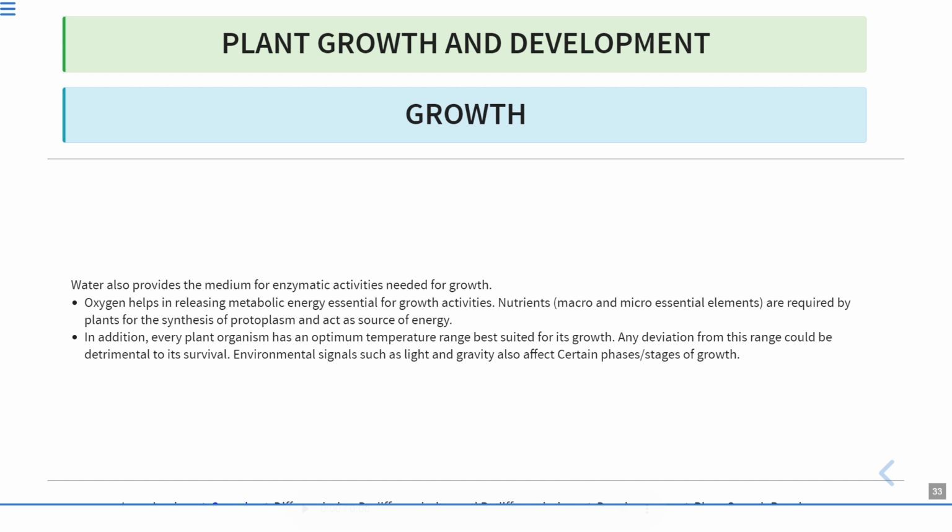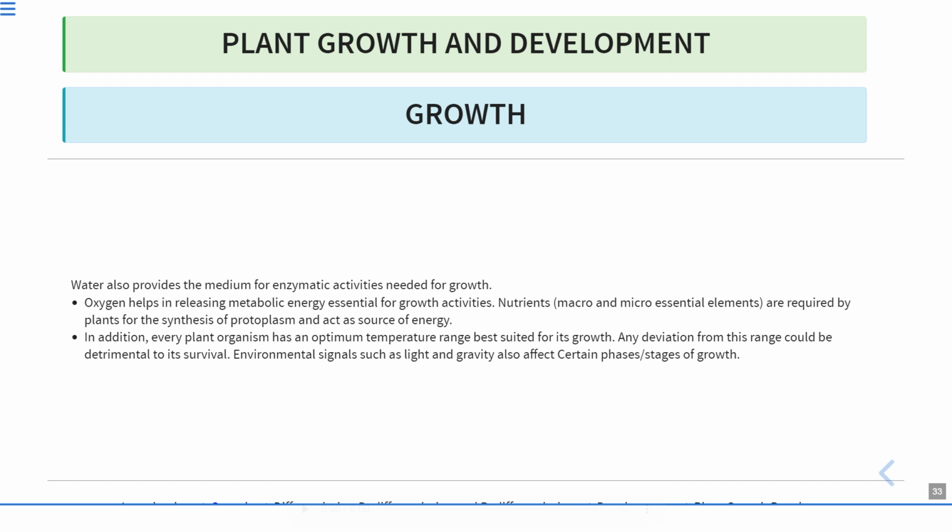There are different environmental signals, light and gravity, that affect some of the phases of the growth. If these environmental signals are not available properly, then the growth is affected.